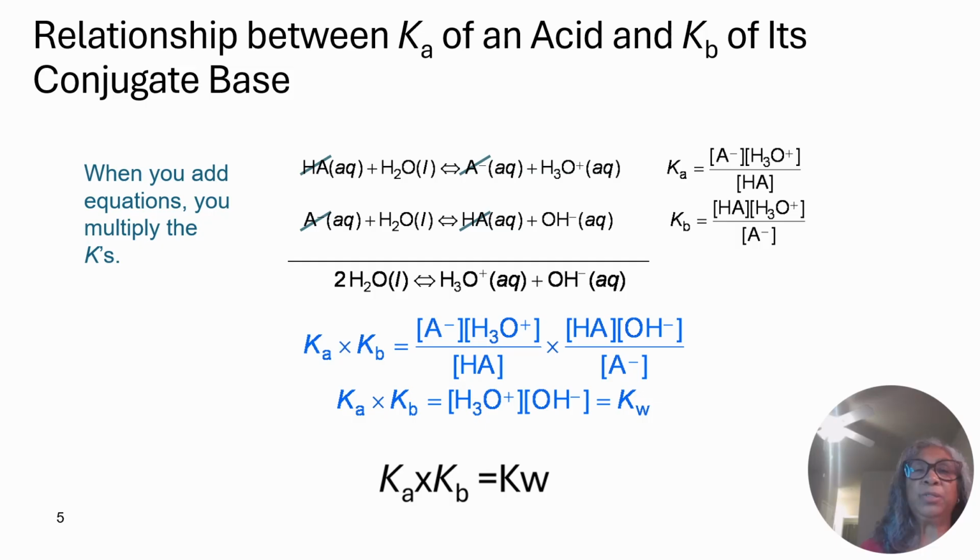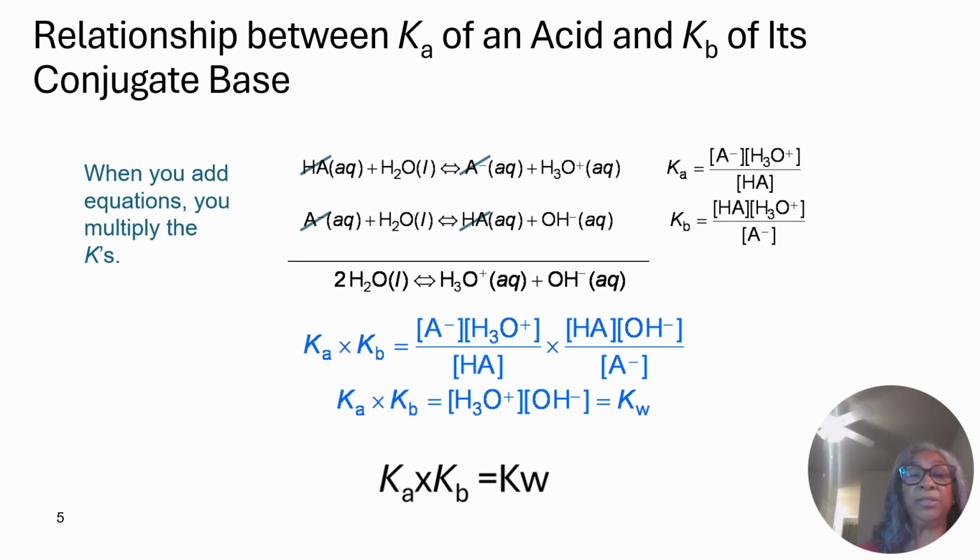Many reference books give tables for only Ka values because Kb values can be calculated using the relationship between Kw, Ka, and Kb. We observe that the products are made at the expense of the reactants. The first reaction is the dissociation of a weak acid in water and its equilibrium expression.